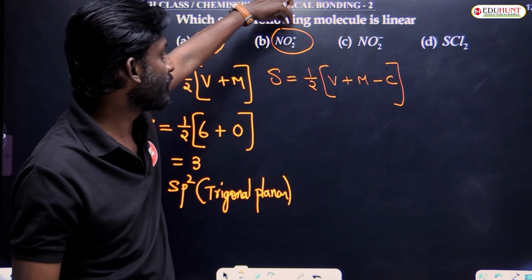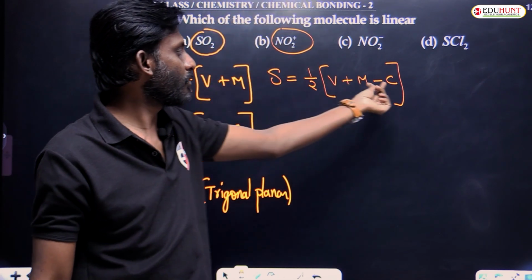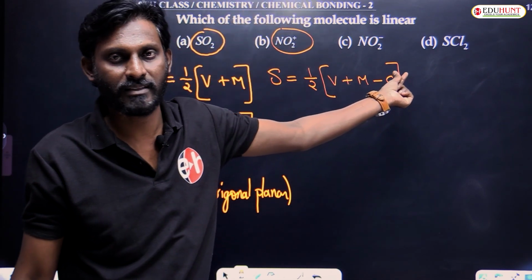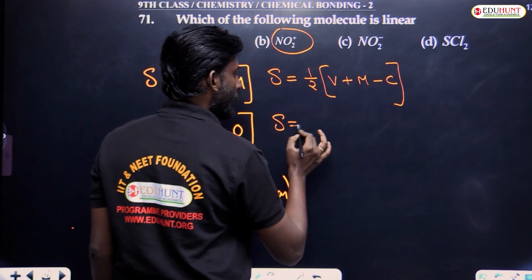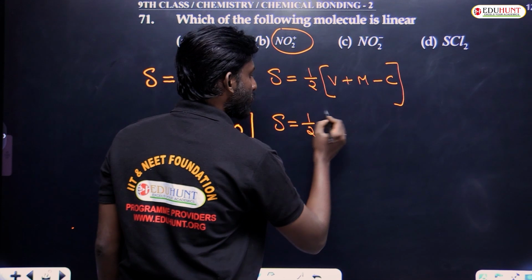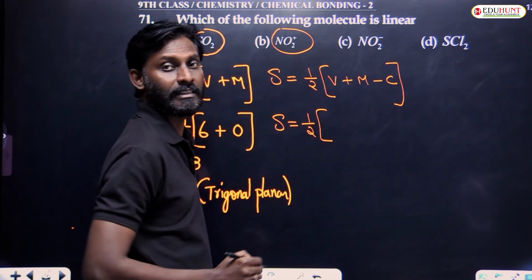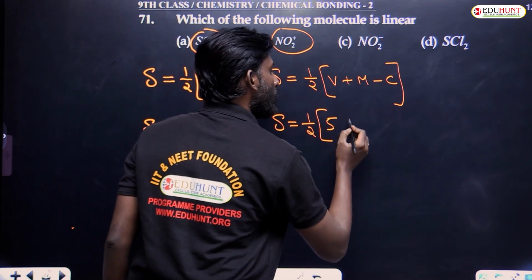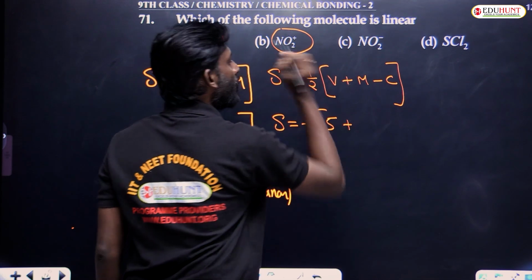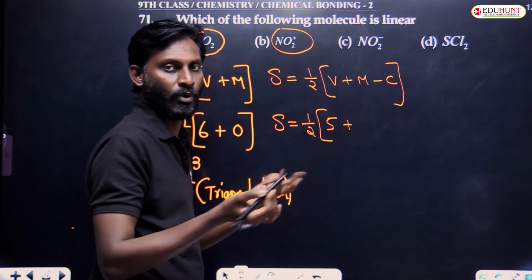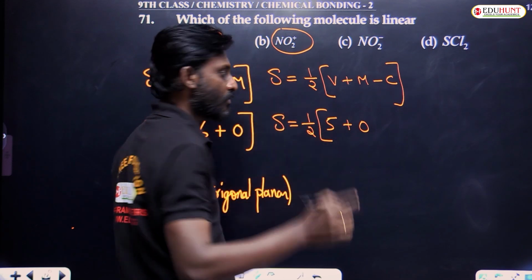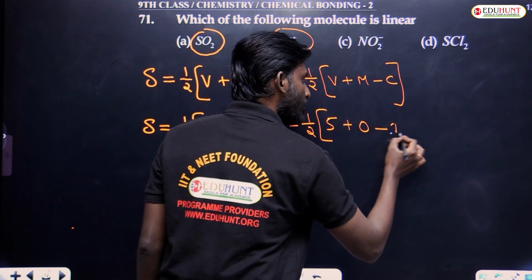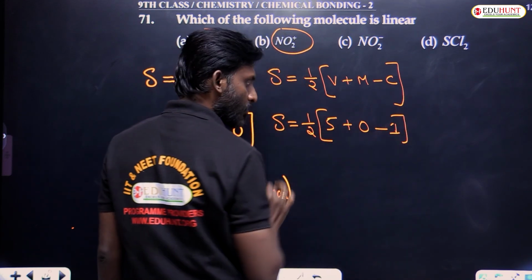If it is a positive charge, you need to subtract the magnitude of the charge. Now apply it. S equals 1 by 2 times the valence electrons in nitrogen, which is 5, plus monovalent atoms, 0. Now the charge is 1 unit positive, so minus 1.